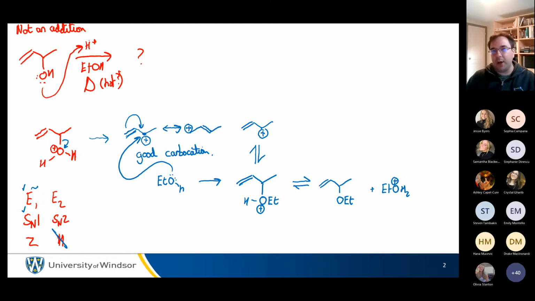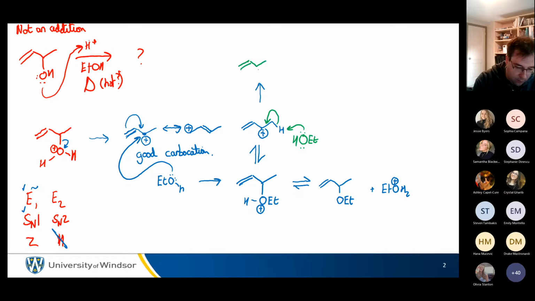We have a second thing happening here, and that's that if we consider the E1 reaction, we're going to get a molecule with two double bonds.